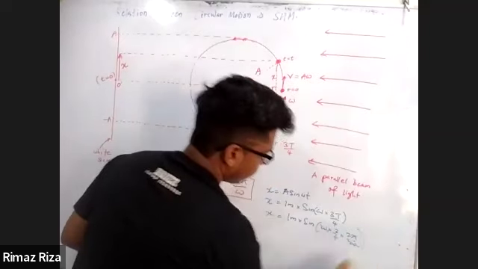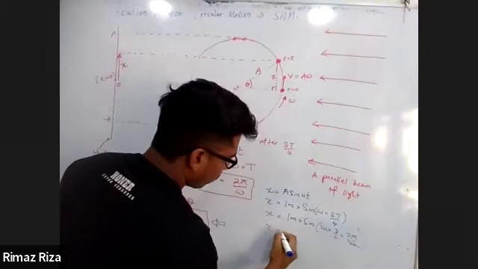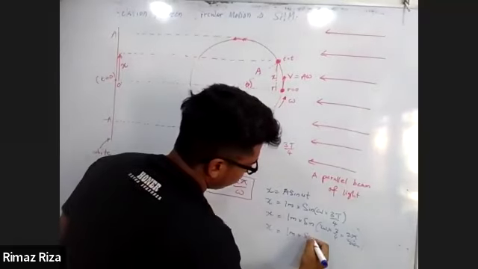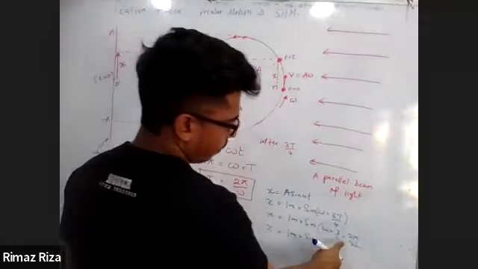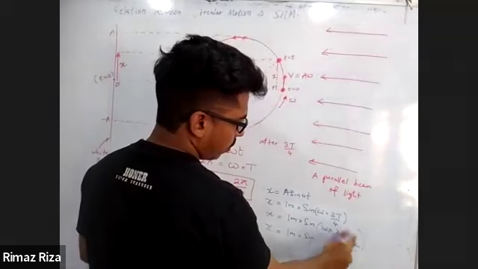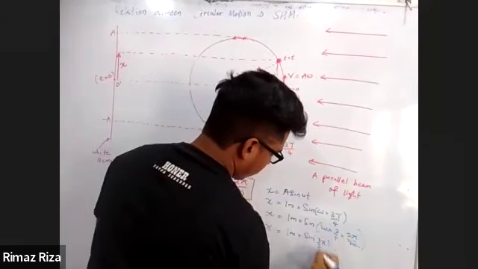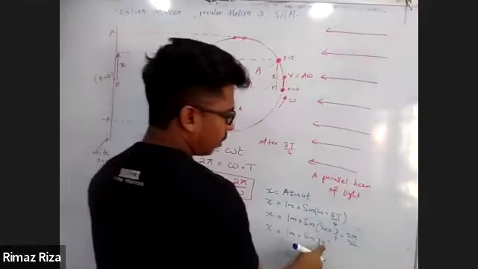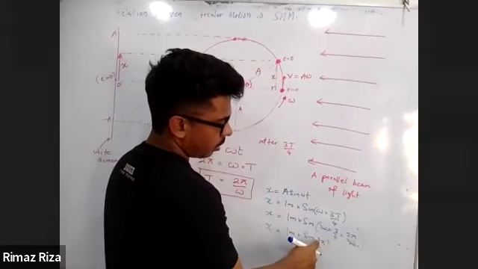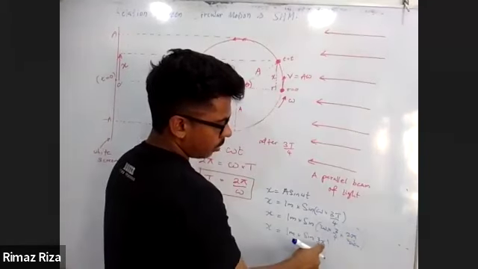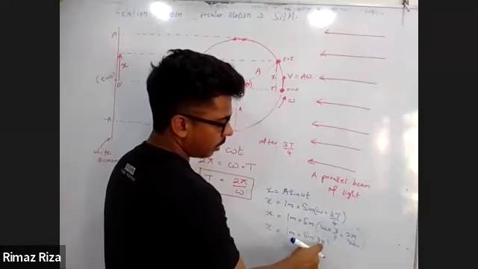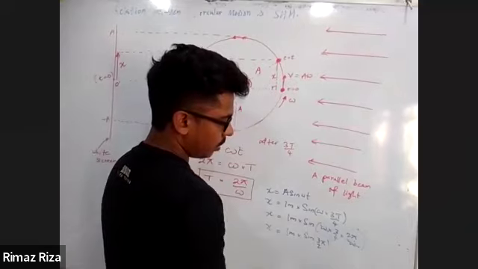Omega and omega cancel, so x equals 1 meter times sine of 3 over 2 pi. Pi is 180, so 180 divided by 2 is 90, and 90 times 3 is 270.